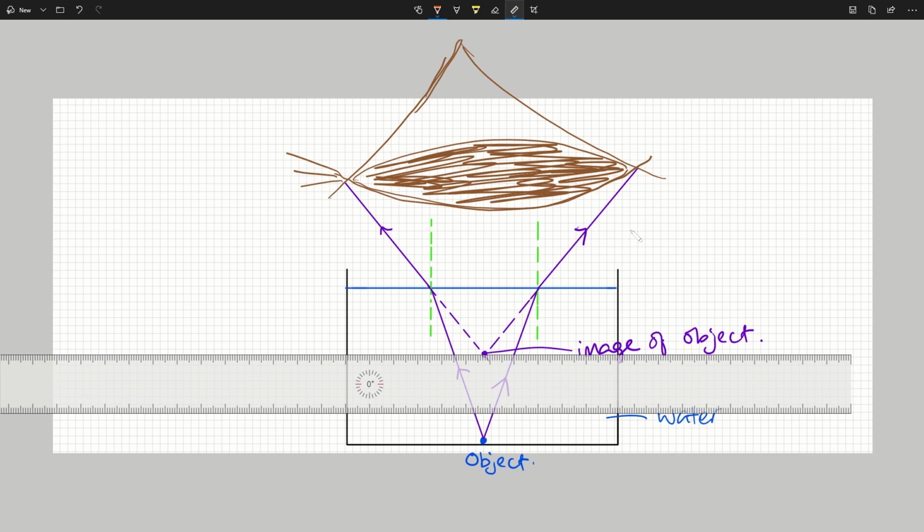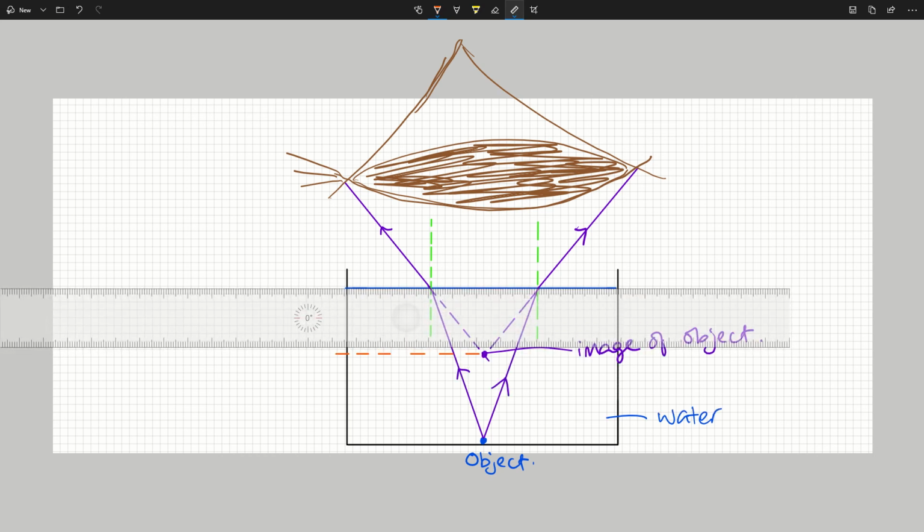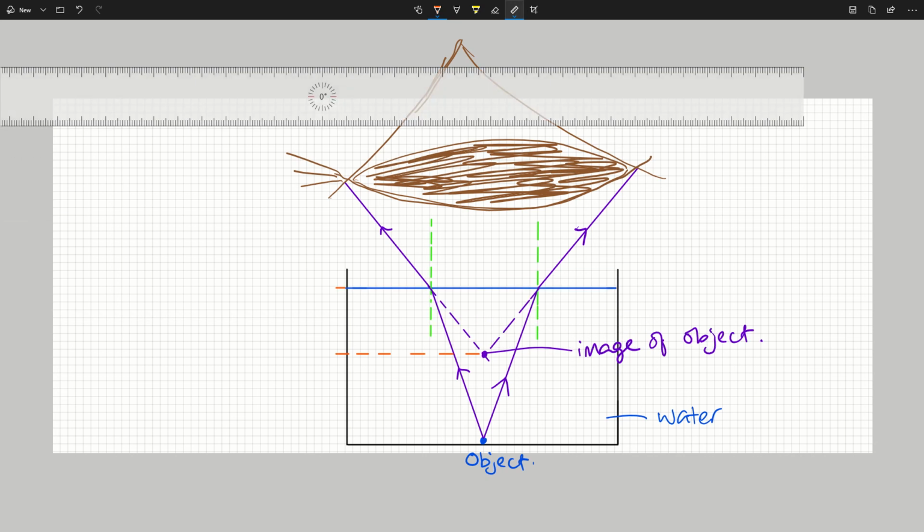So this is where the image is. This is what we call the apparent depth.